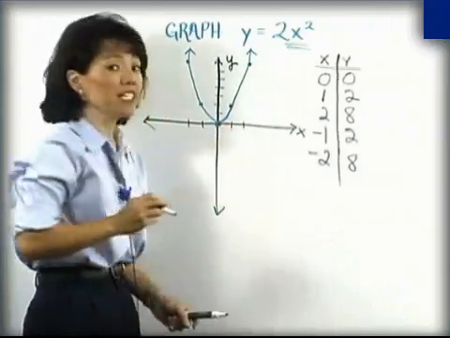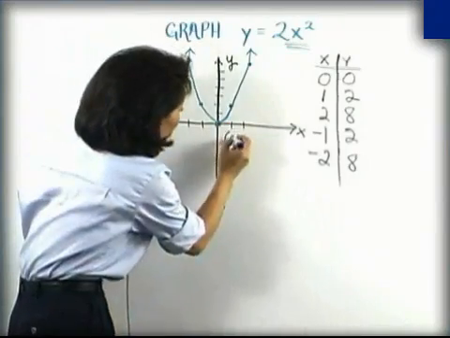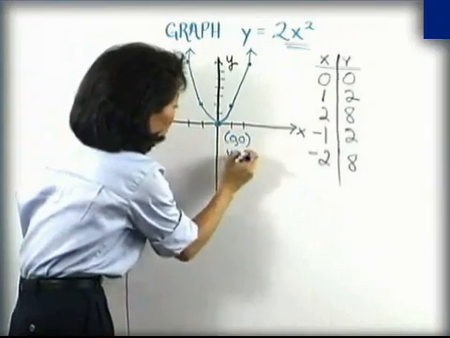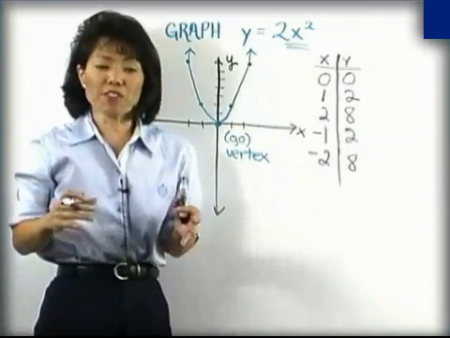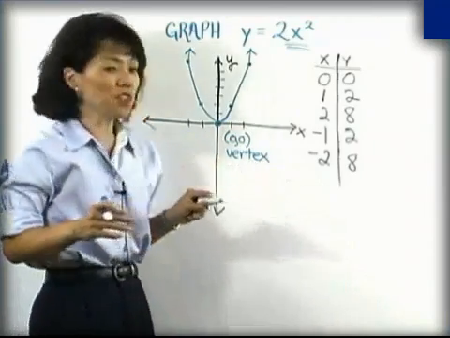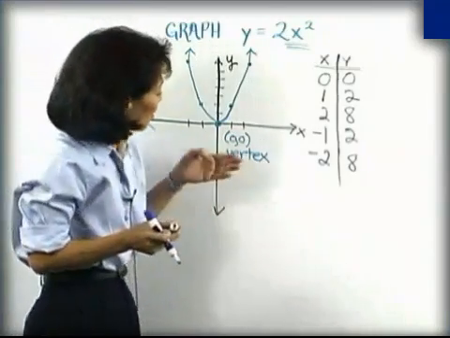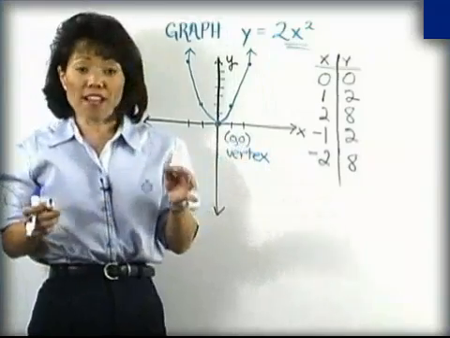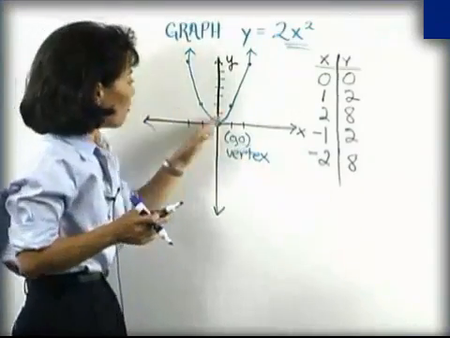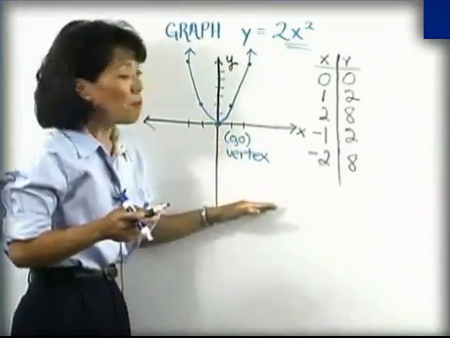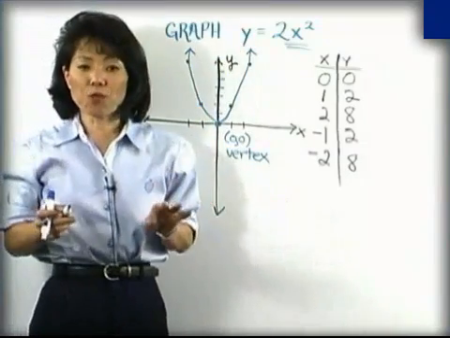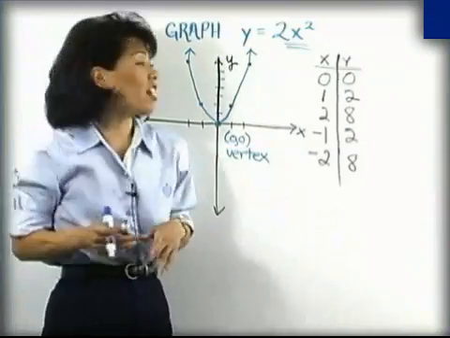Now, this lowest point here, at the point 0, 0, is called our vertex. That's an important point, because when we do some applied problems using our parabolas, this vertex will represent the minimum values of some functions when they're facing up. And when our parabola is facing in the opposite direction, the vertex will also represent some maximum values.